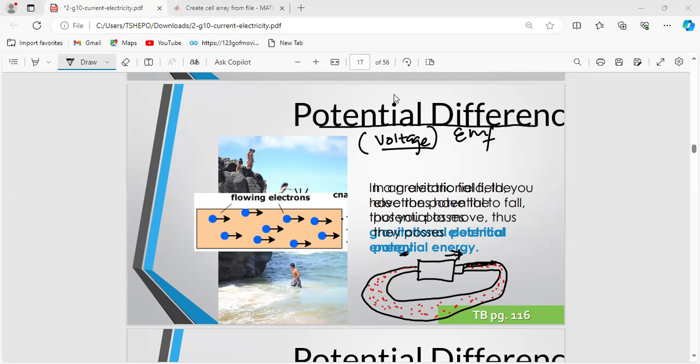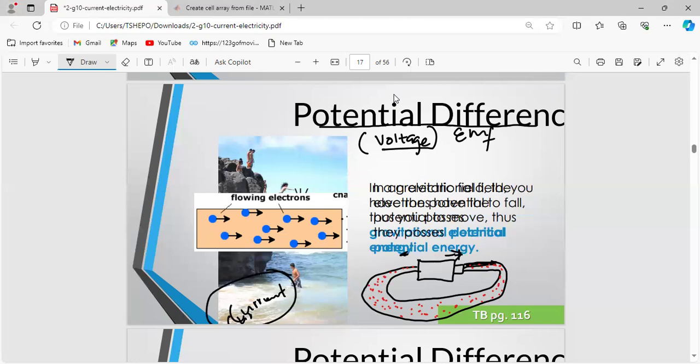So guys, listen, when these electrons flow, we call them charges, because electrons are negative in charge. Now we have what we call the current. The rate at which these charges flow, we call that a current.